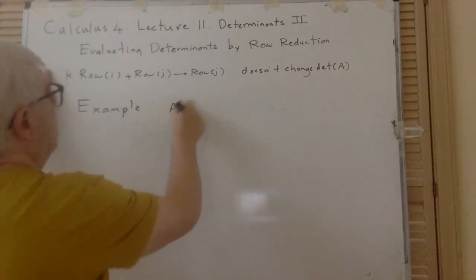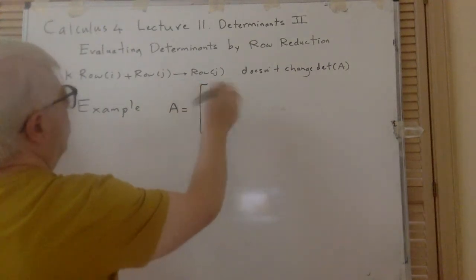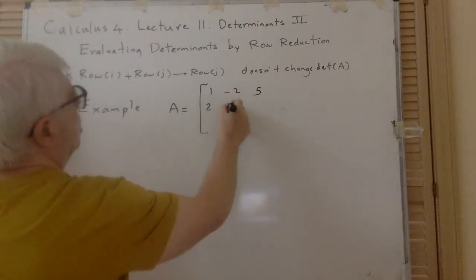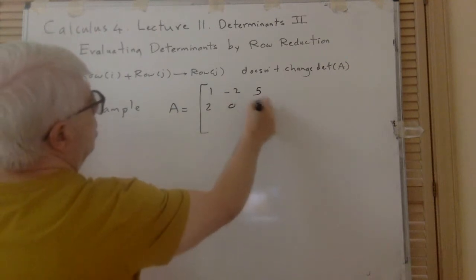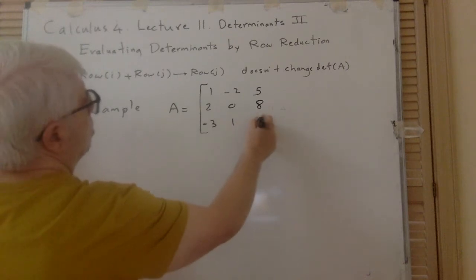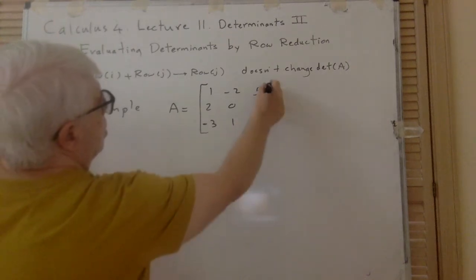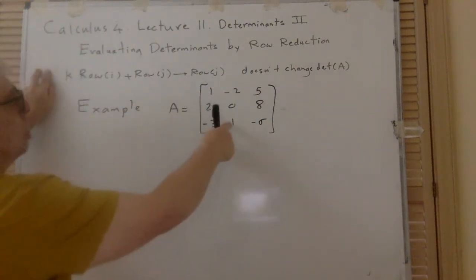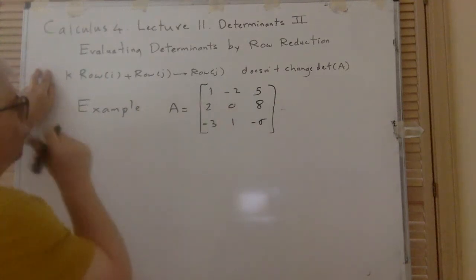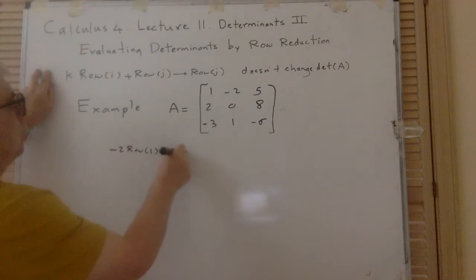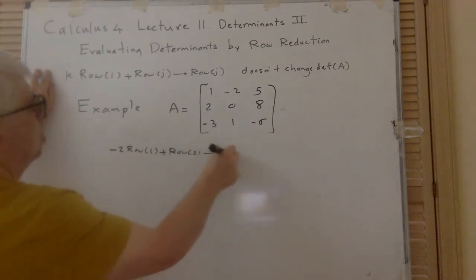So let's say A is, let's just write 1 here, maybe 2, 5, say. Let's write 2, 0, let's say 8, and let's write minus 3 here, 1, negative, say, 6, maybe. Okay. So I need one row operation, two row operations, and another row operation to get rid of this. One row operation is this: minus 2 times row 1 plus row 2 goes to row 2.